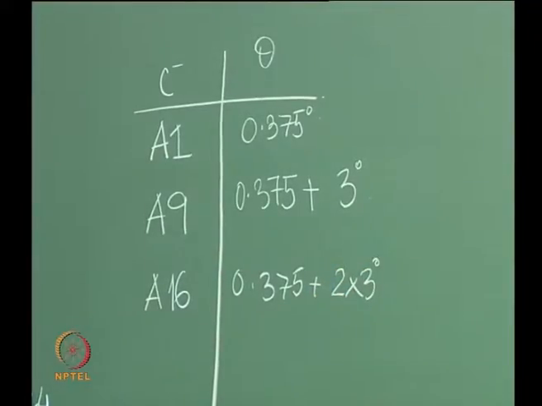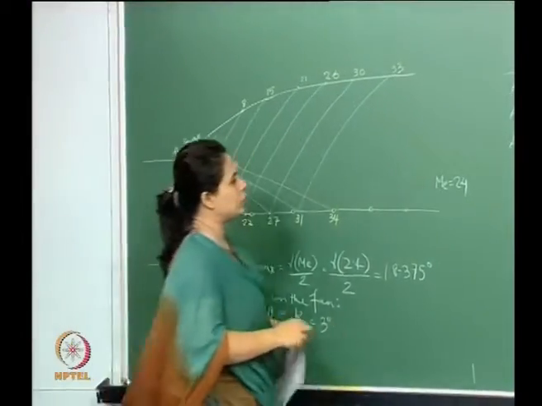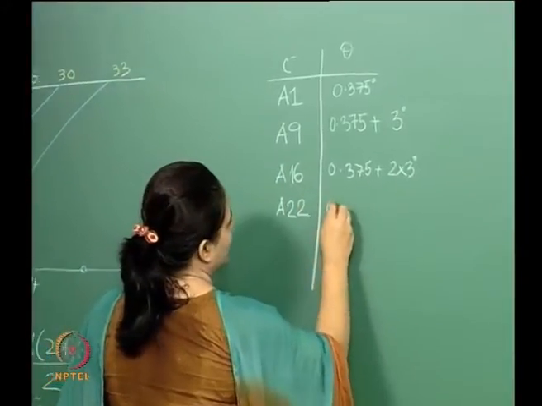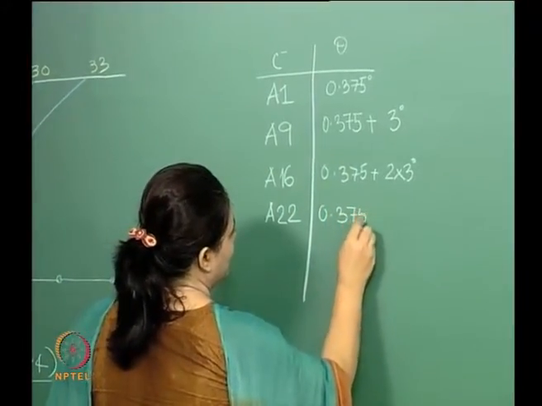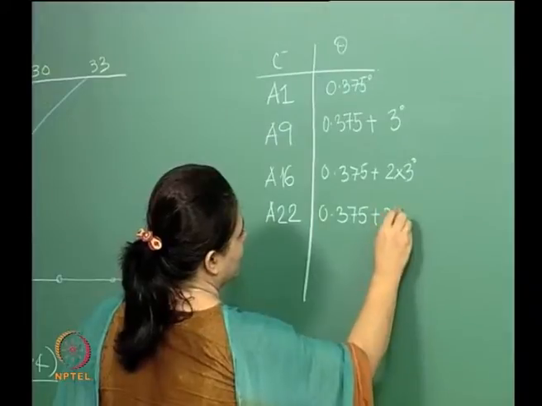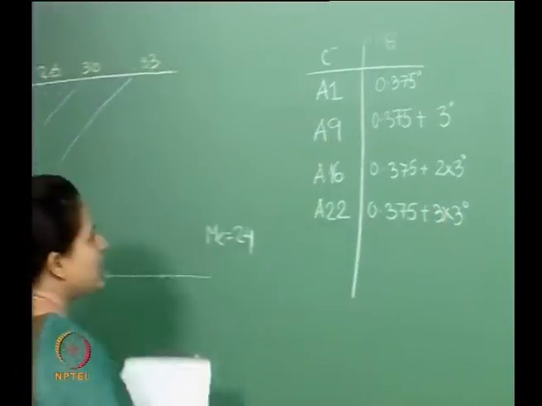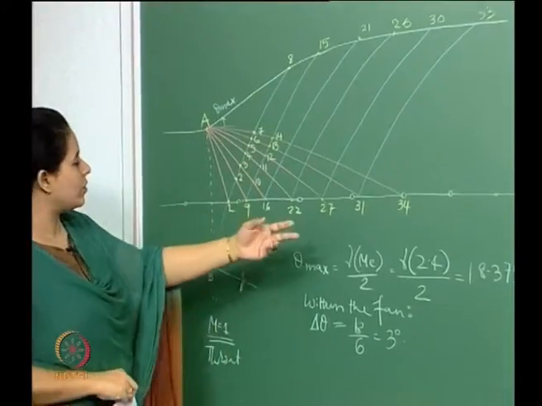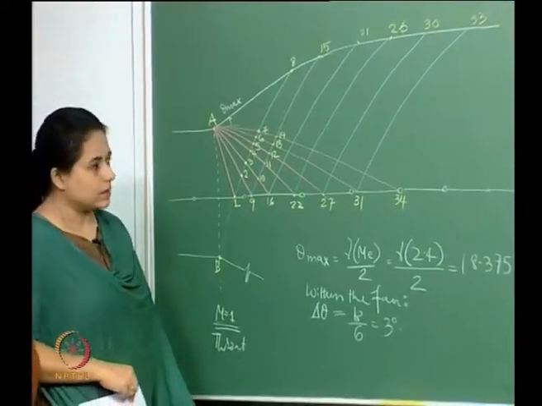Then similarly for say A22, and so on and so forth. So again for say A27, you have 4 times, 5 times, and 6 times, right?